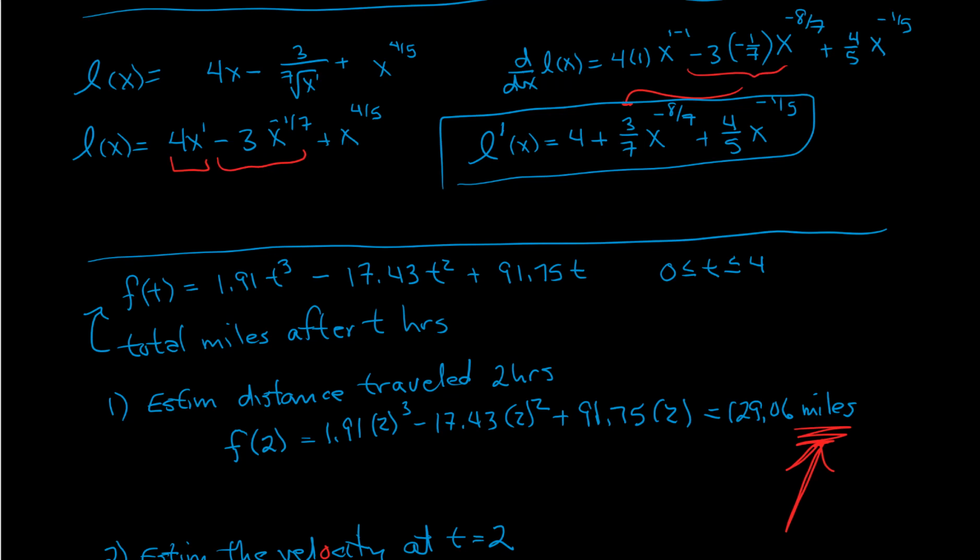Okay, so we multiply all this stuff together and we get a minus 3 times a minus 7 gives us plus 3/7 x to the negative 8/7. The third term, just going to bring the 4/5 out front. X, subtract 1 from the 4/5 gives us a negative 1/5, and there you have it.